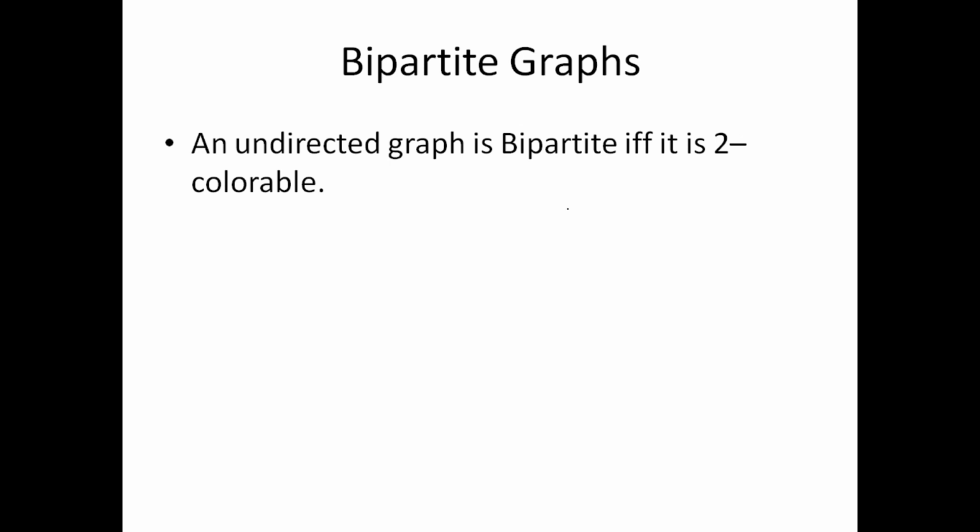If the given graph is not connected, then each connected component should be bipartite. In other words, each connected component should be two-colorable. Only then the whole graph is colorable. So from now onward, we'll assume that we are given a graph which is connected, and our objective is to check whether it is two-colorable or a bipartite graph, right?